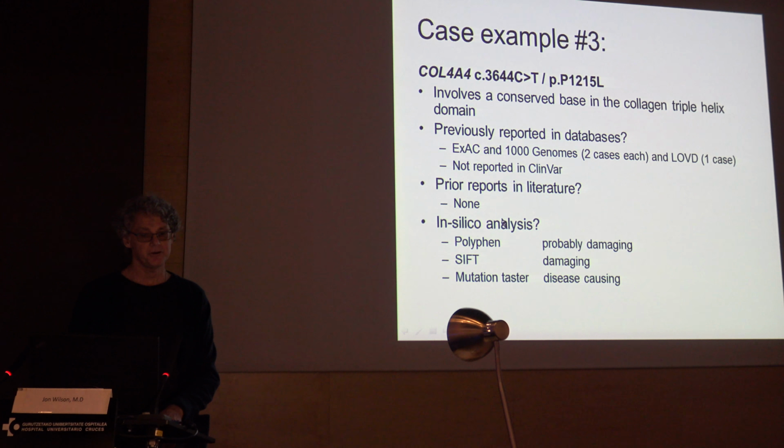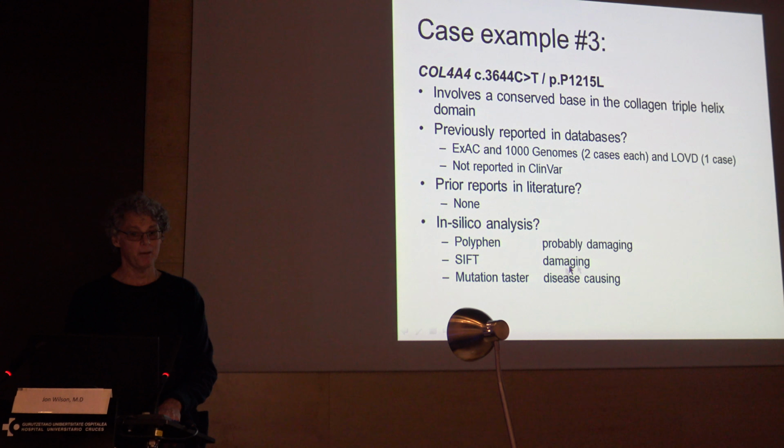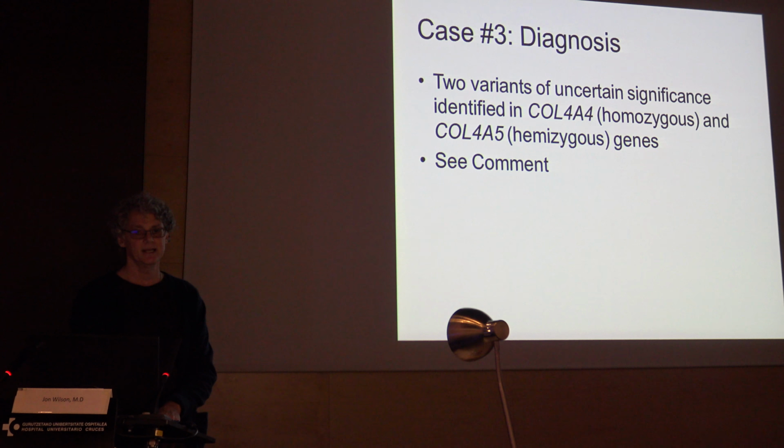And if I put it through in silico analysis, where you take a computer to predict how it's going to behave, they are damaging and probably damaging. So it looks like it's something bad. There's not enough evidence to call this. And so basically the same for both variants. And so in the end, the report I signed was 2 variants of uncertain significance, which is really, really frustrating.